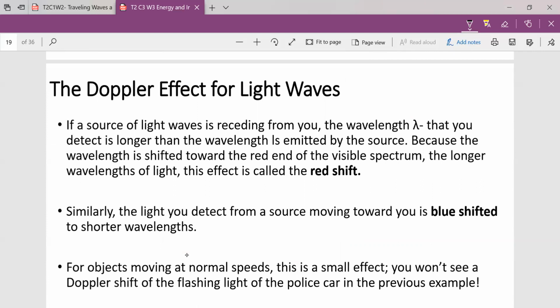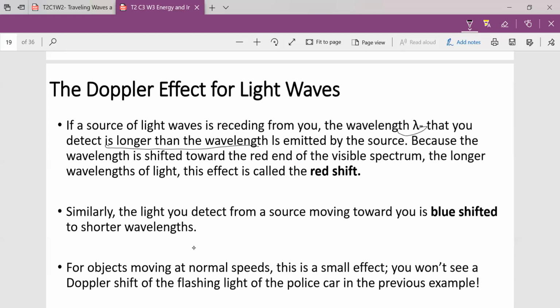We have seen the Doppler effect to be the change in frequency as it relates to the observer. How do we view the Doppler effect when it comes to light waves? Remember, a light wave is a 3D kind of wave representation, and we have also seen the description of light waves in spherical waveform. So if a source of a light wave is receding from you, the wavelength will have the negative sign, and you will detect that the wavelengths tend to be longer, just like we saw in that description.